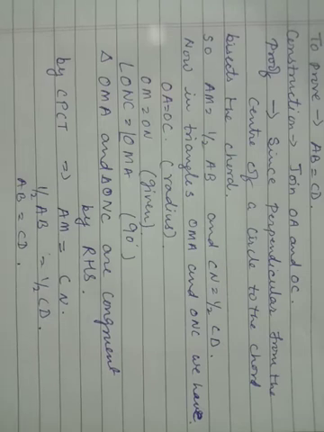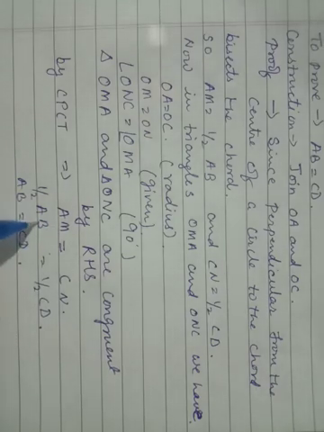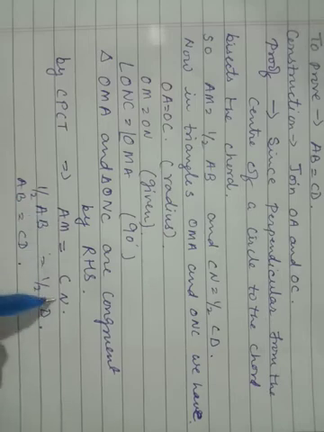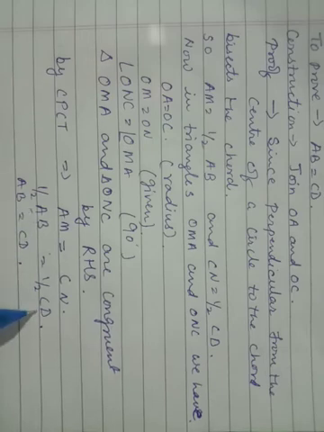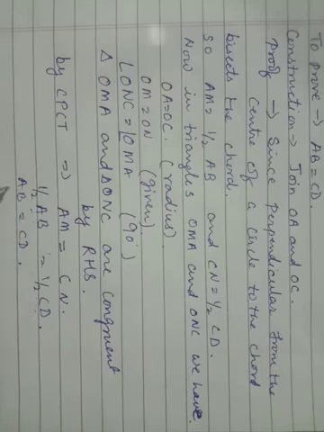We know that a perpendicular from the center bisects the chord. So in place of AM and CN we can write half of AB and half of CD. So the halves cancel and we have got AB is equal to CD.